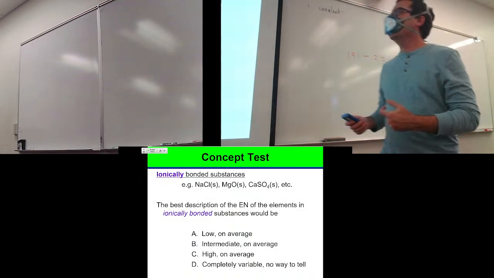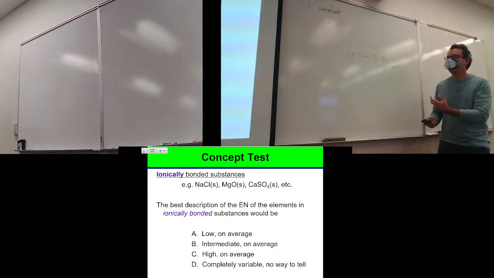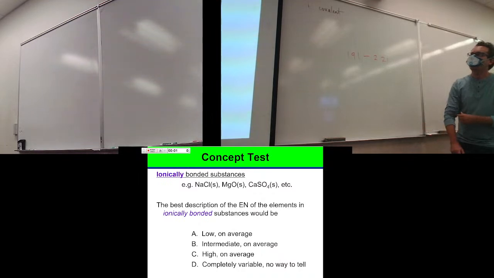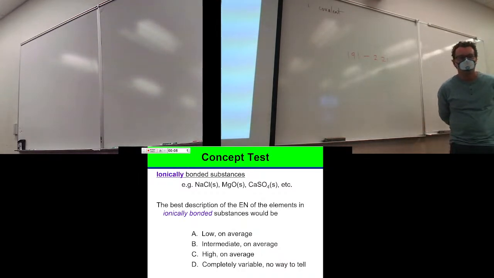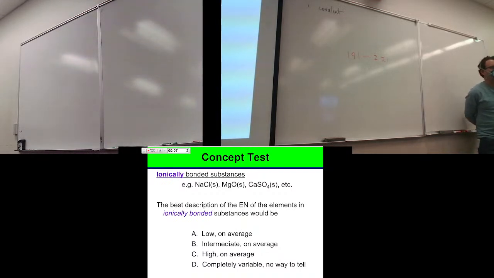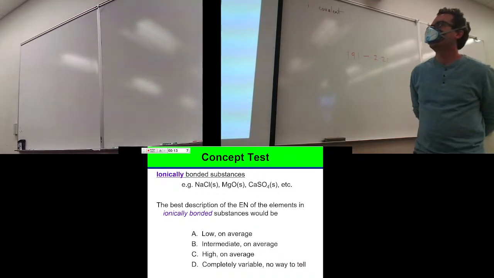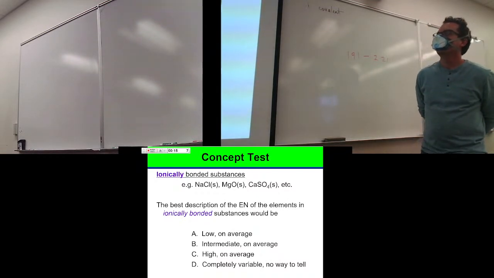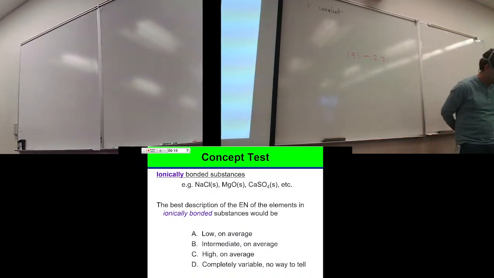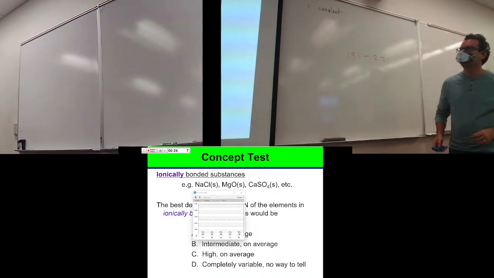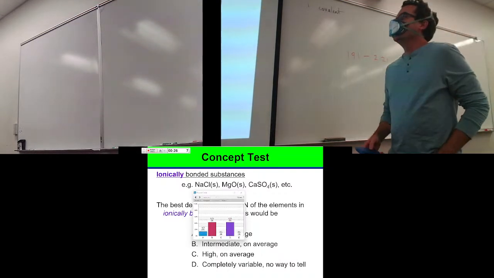And here is the kind of linchpin of this idea. If I talk about an ionically bonded substance, how would I describe the electronegativity of the elements in an ionically bonded substance? Okay, I think people are getting it.